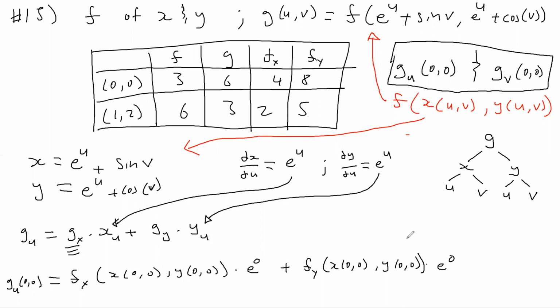That's why this g sub x can be rewritten as f sub x of x(0,0), y(0,0), and you know that x sub u and y sub u are just e to the power of u. All right, so let's continue this question in the next slide.